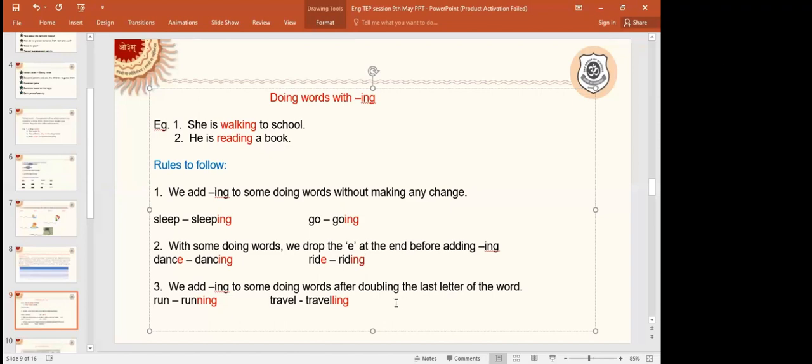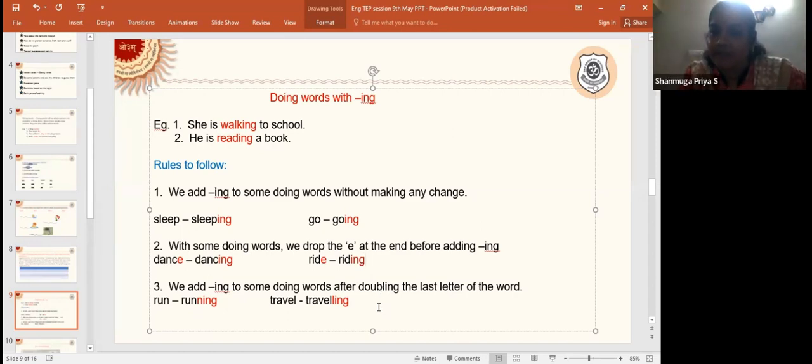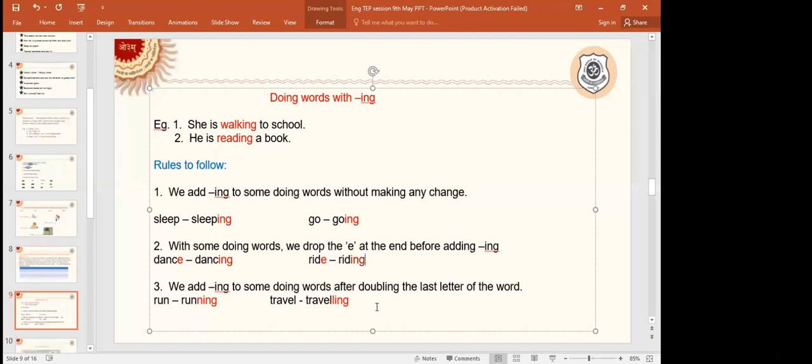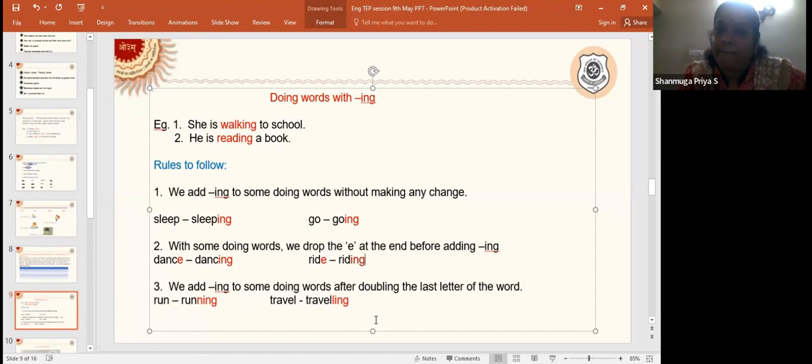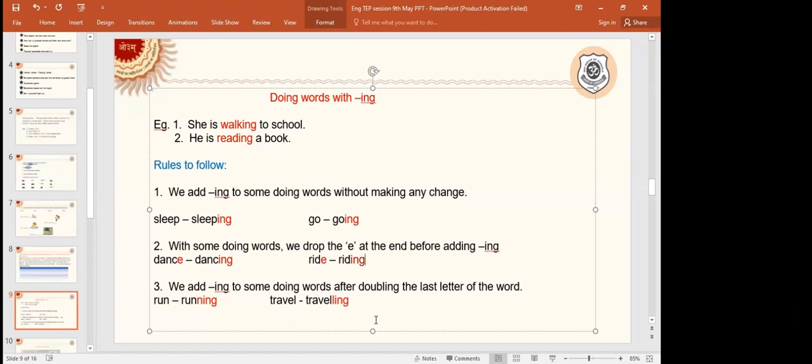Cutting, putting, sitting, swimming, clapping, winning, hitting, fitting.